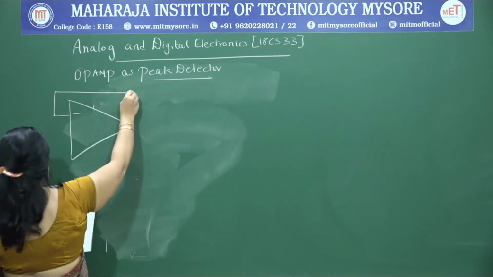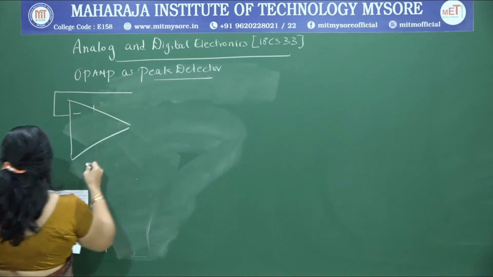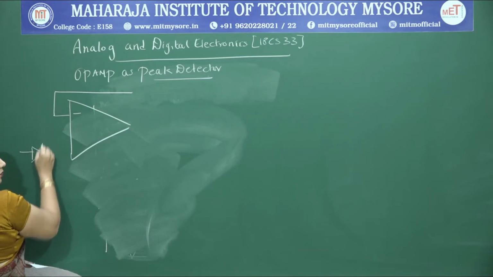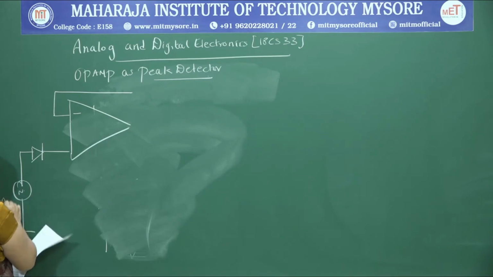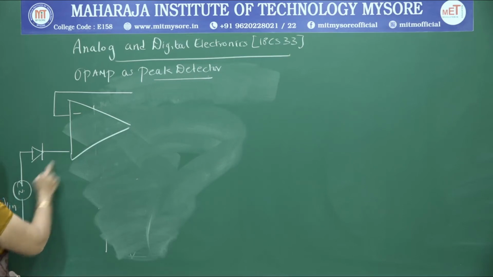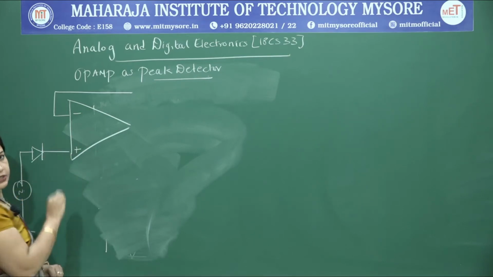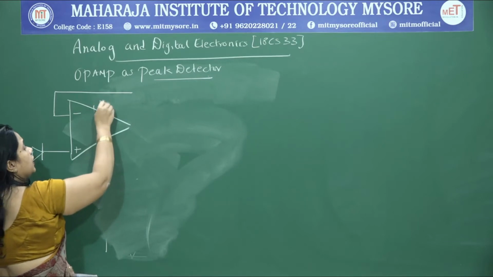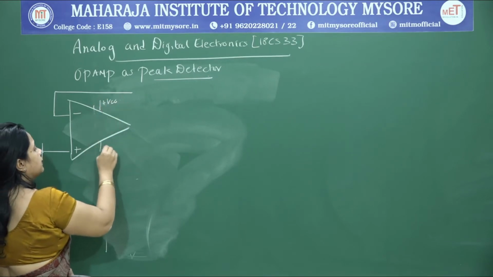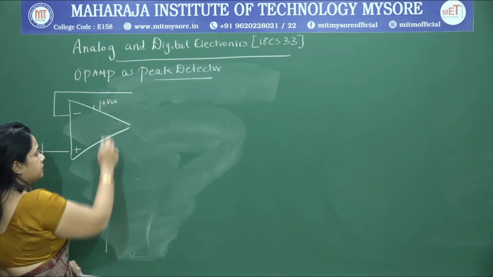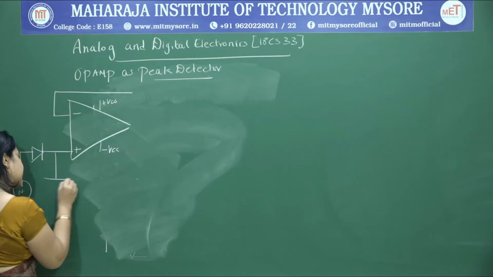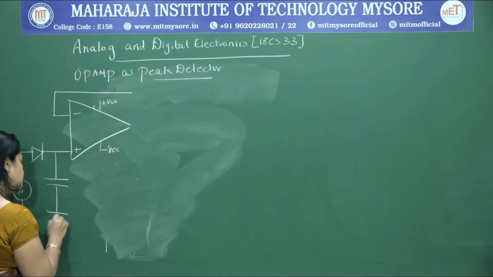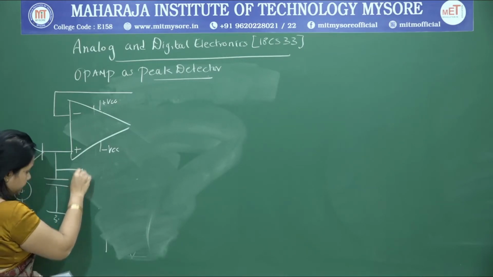We will take up the basic peak detector circuit. In your op-amp peak detector, the AC input is applied through a diode into the non-inverting terminal of your op-amp. We need two power supplies to drive your op-amp, plus VCC and minus VCC, and here we include a capacitor and a MOSFET switch.